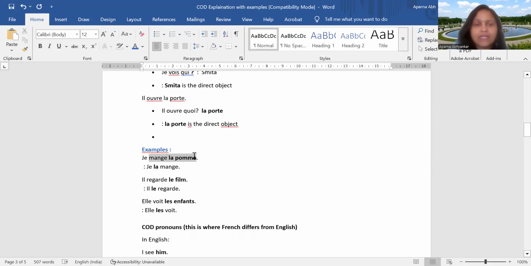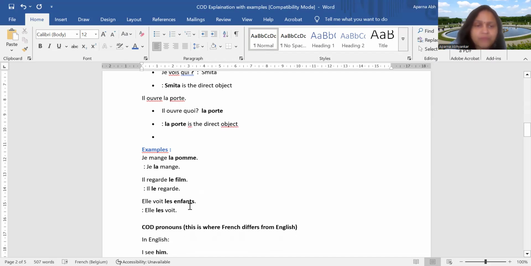So la pomme is third person singular and feminine, which gets replaced by la. A very important thing to remember here is that the pronoun always comes before the verb. So this is something different from English. So it becomes je la mange.